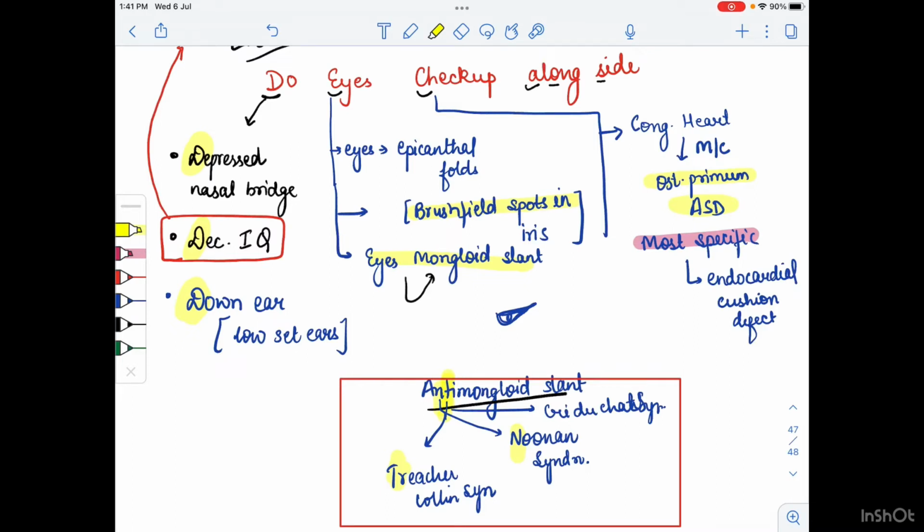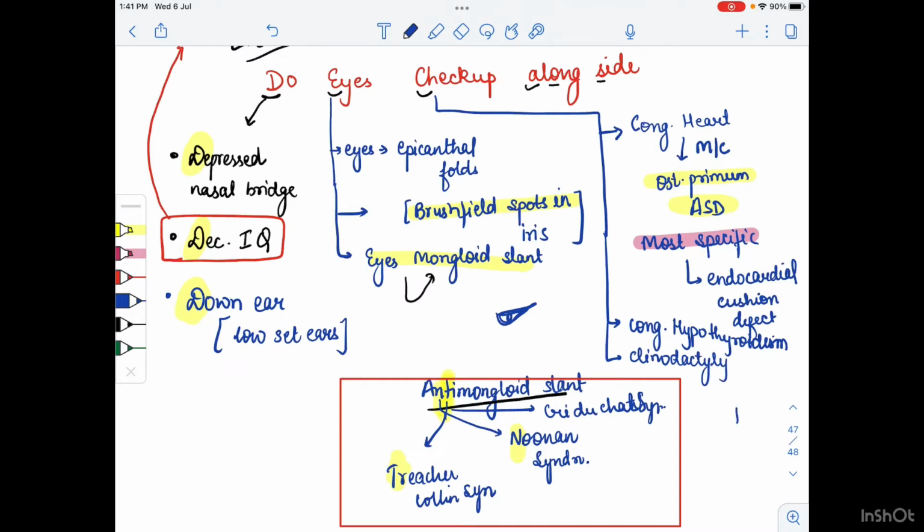Now next C, the first one is for the heart, the second one is for congenital hypothyroidism, and another C is for clinodactyly. What do we mean by clinodactyly?